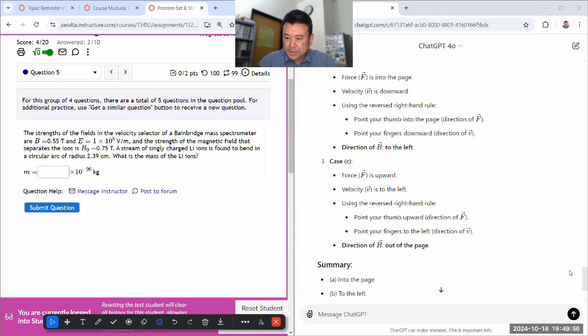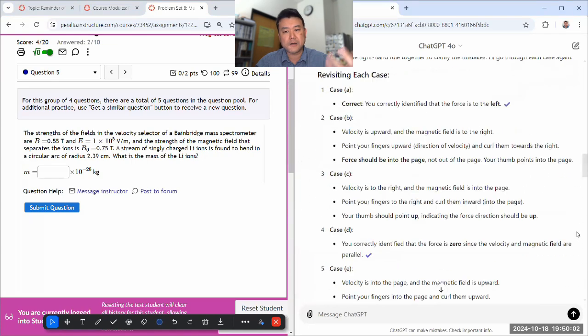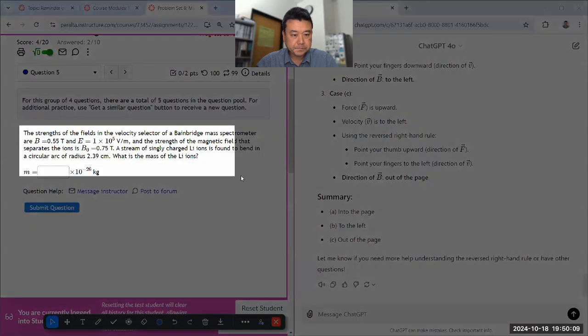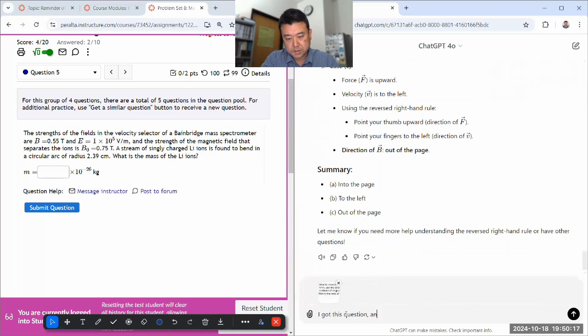This time I kind of forgot to prompt it with my usual prompt, but let me just give it the usual description along with this question. So I'll ask it the question, and I'll say, I got this question, and I feel pretty lost. What is a velocity selector? I mean, this is all described in the textbook, by the way, but I'm channeling.